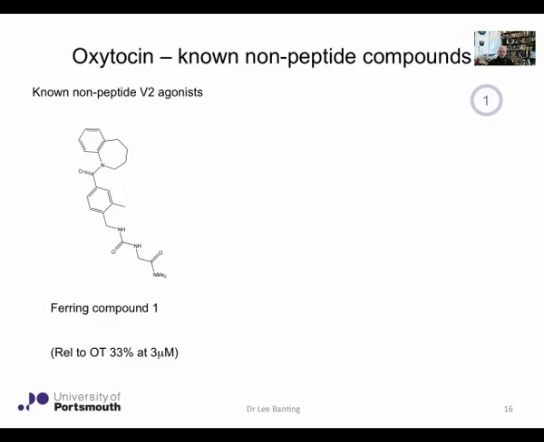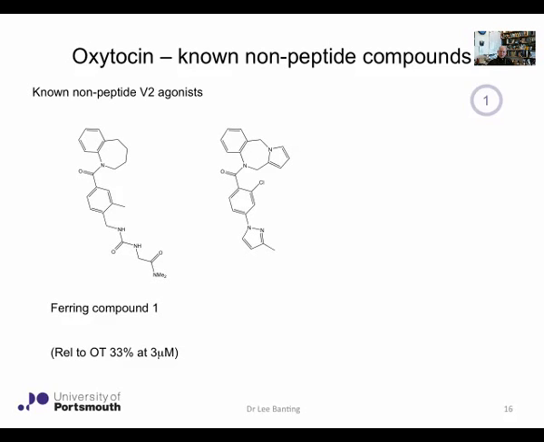This particular compound, which we'll call Ferring compound 1, has V2 agonist action, but also is active at the oxytocin receptor. So we show some activity at the oxytocin receptor. And Ferring wanted to exploit this in development of oxytocin receptor specific compounds.